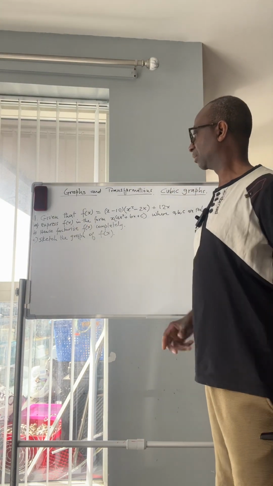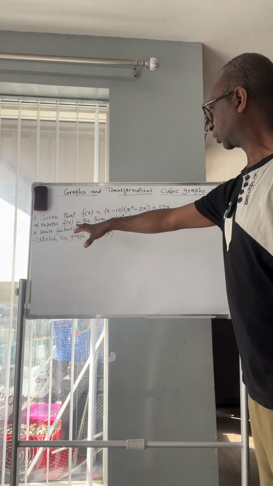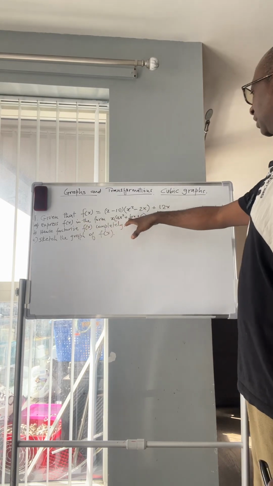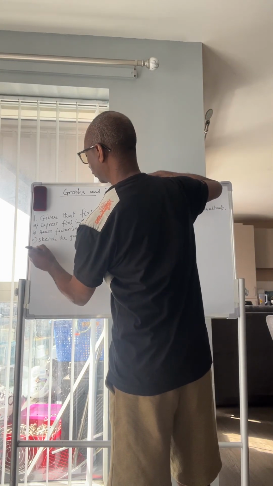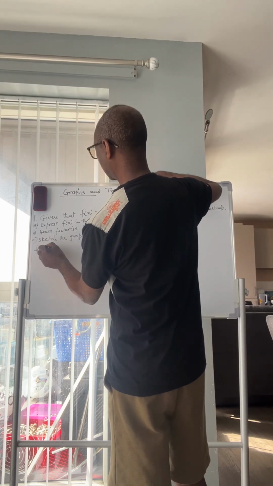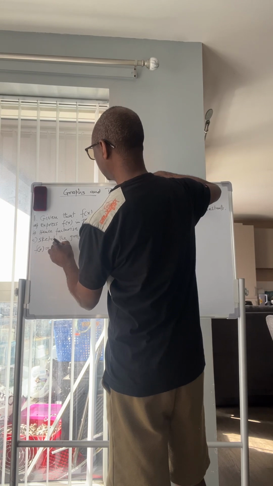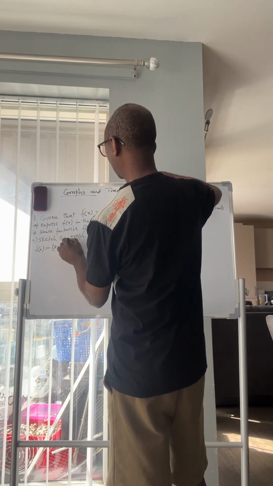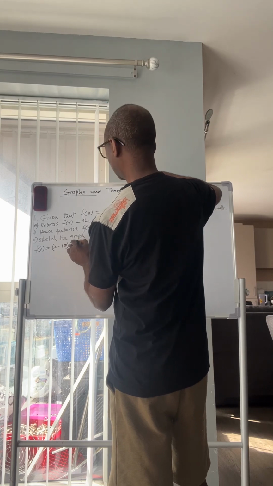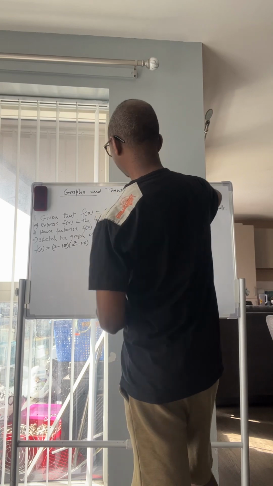So let's start with the A part of the problem. You are asked to express f of x in this form. So this function here, f of x, equals x minus 10 into x squared minus 2x plus 12x.